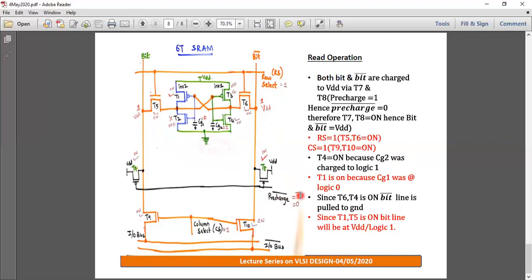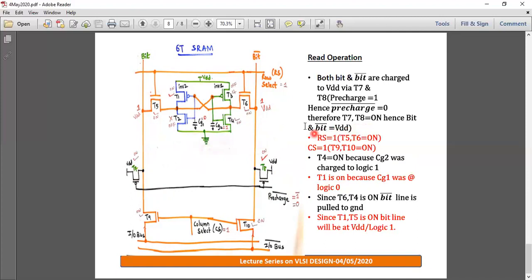If precharge is 1, precharge bar is 0, 0 is fed as gate input to T7 and T8. Hence T7, T8 are on. Hence bit line will be connected to VDD, and bit bar line will also be connected to VDD because T8 is on. So both bit and bit bar are at VDD.